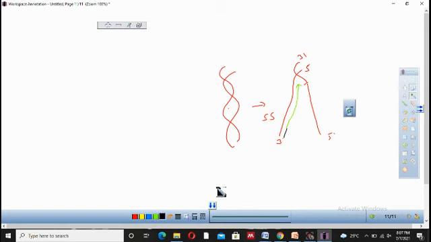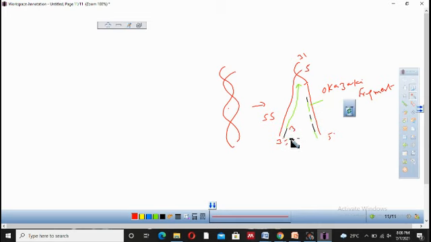And in this strand, primer, primer, primer, and this is called the Okazaki fragment. So this is what happens, 5 to 3.